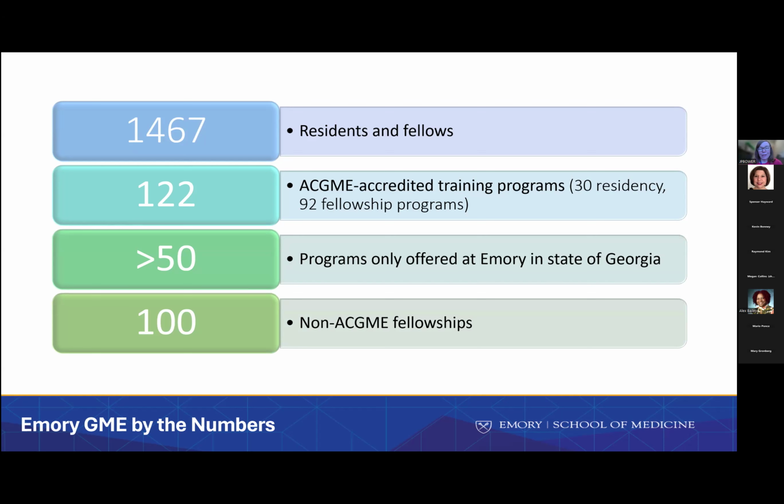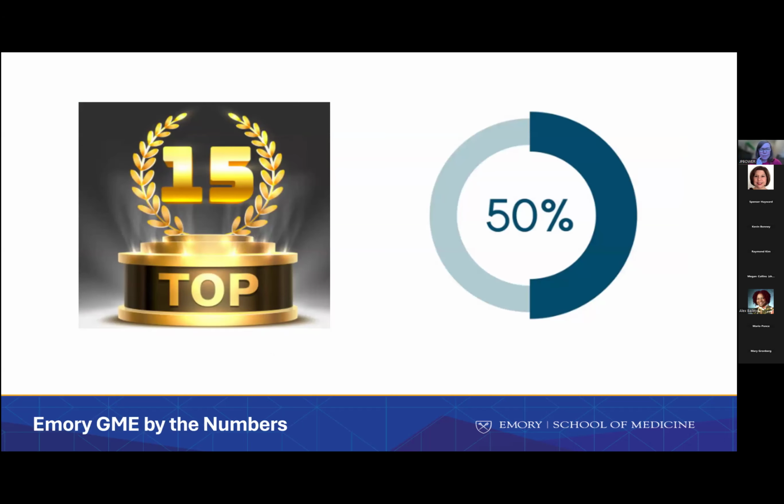And some of you all may have come out of one of those or may participate in those going forward. So what does that mean? It means that basically across the country, we're one of the 15 largest GME organizations that exists. And roughly have over 50% of the trainees and programs throughout the whole state of Georgia.